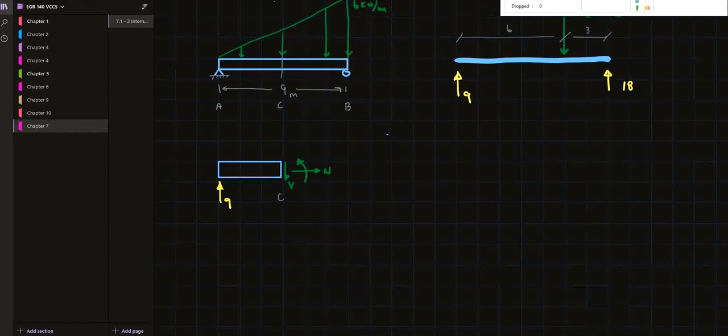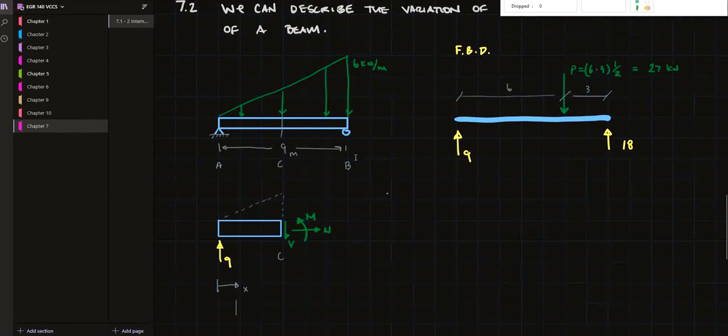And we will have a moment, a bending moment. And then, of course, I have to take into account this distributed load. Now, since this is a cut in the direction x here, the load varies as a function of x out to a maximum of 6 kilonewtons per meter.